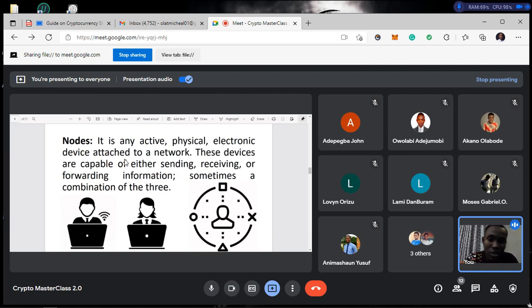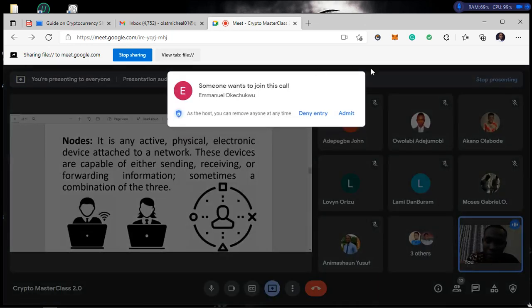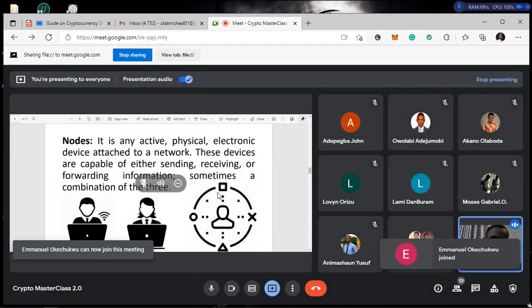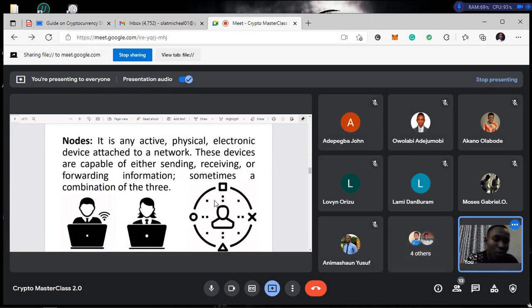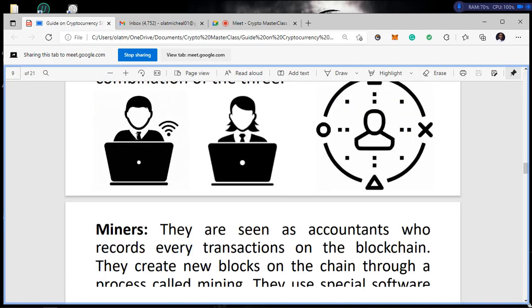Once it's attached to the network, such a device can perform sending, receiving, forwarding information, or sometimes a combination of those three activities. So that node can send, receive, forward, and do whatever on the blockchain. These are the components of the blockchain.